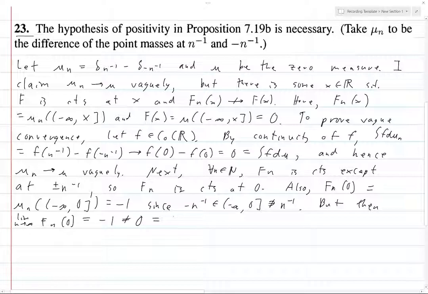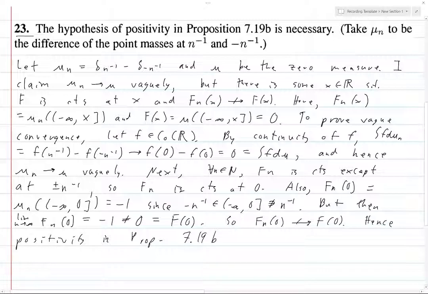But anyways, 0 is F of 0, since F is identically 0. So Fn0 does not converge to F0. So hence positivity in proposition 7.19b is necessary. And this completes the proof.